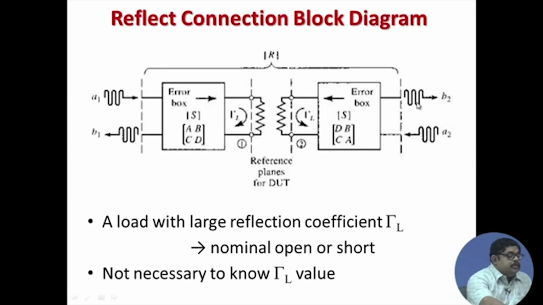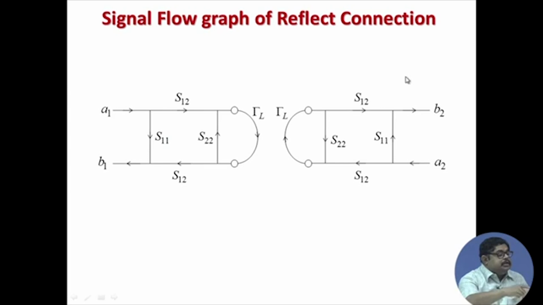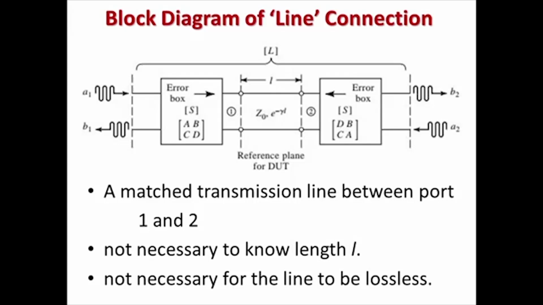Here in the reflect case, this whole thing we are calling the R matrix, and this is the signal flow graph, with port 1 side, port 2 side and gamma L in between. So, these are two disjoint graphs because of the reflect connection, as port 1 is getting on its own, and similarly port 2 is getting on its own.